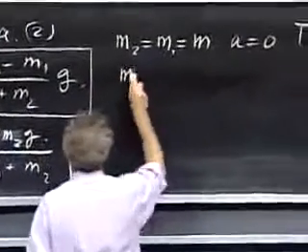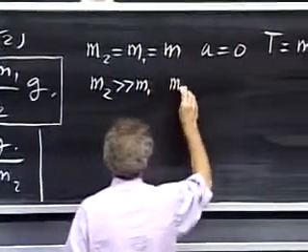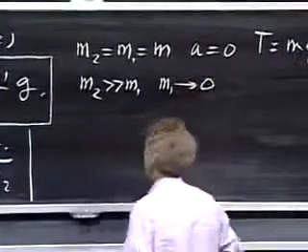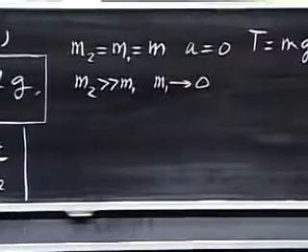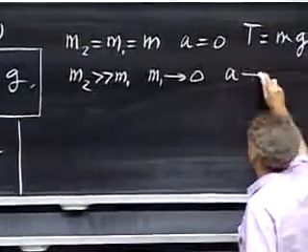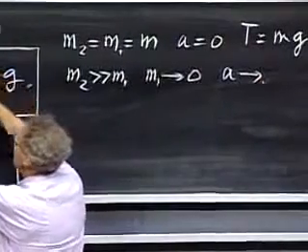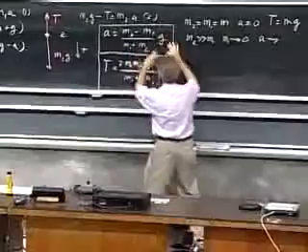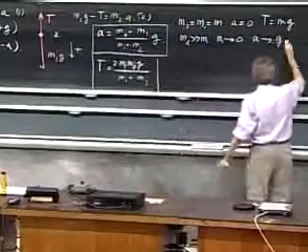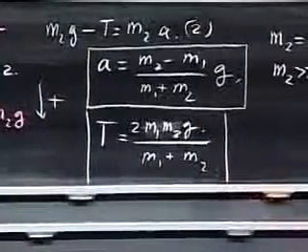Now we're going to make it more interesting. Suppose we make M2 much, much larger than M1, and in a limiting case, we even go with M1 to 0. What you see now, if M1 goes to 0, is that A goes to g, and T goes to 0.